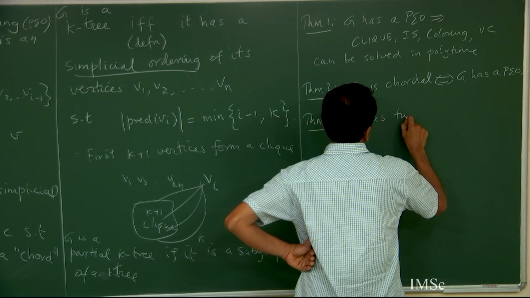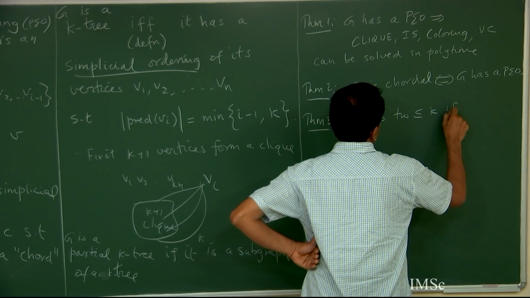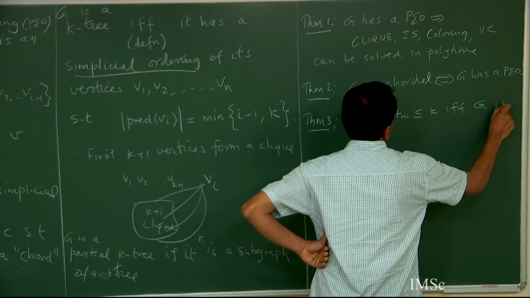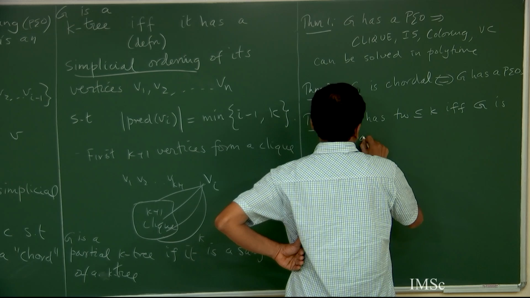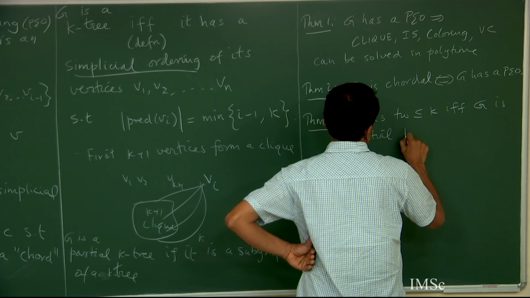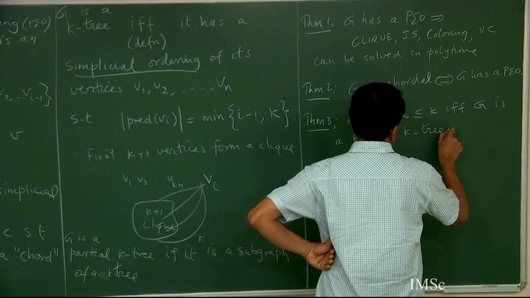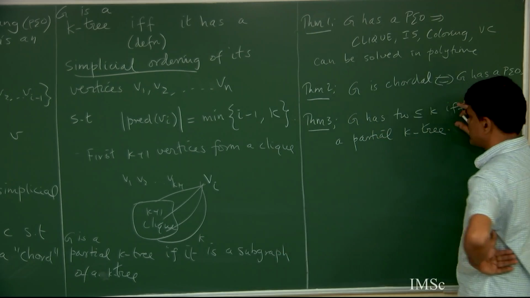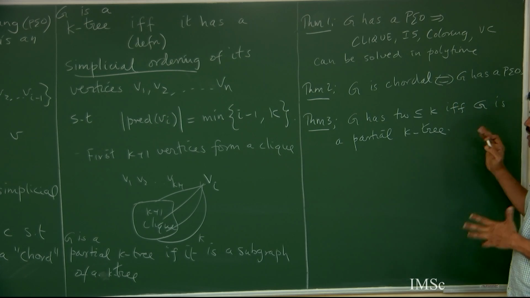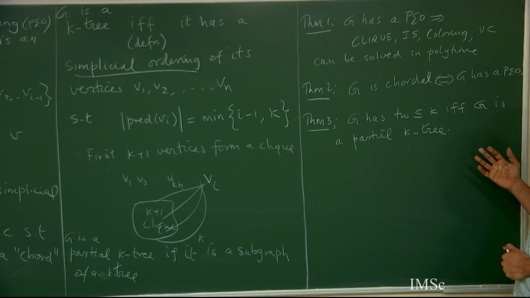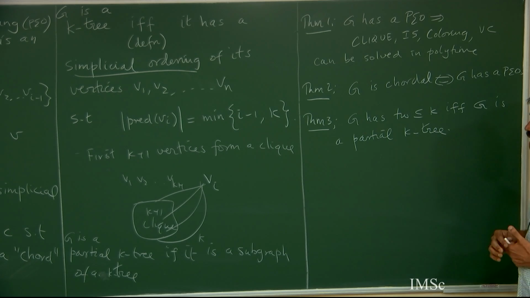G has tree width at most k if and only if G is a partial k-tree. This is really the goal I was aiming at, to give another perception of bounded tree width graphs.